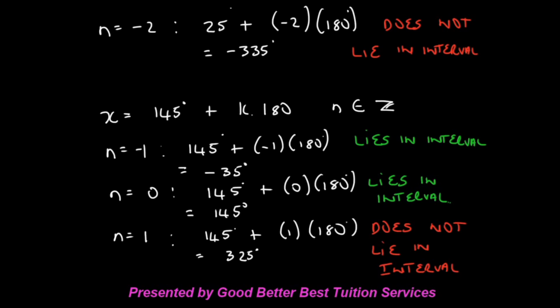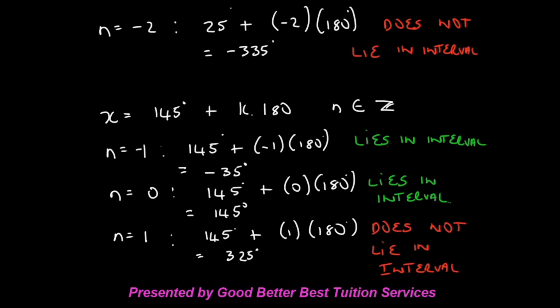Now we are going to use the other equation, and the other equation is x is equal to 145 degrees plus k180. And what do we substitute? Negative 1, and we get negative 35. For 0, we get 145, and when we substitute 1, we get 325 degrees.